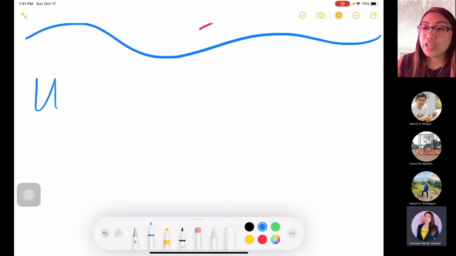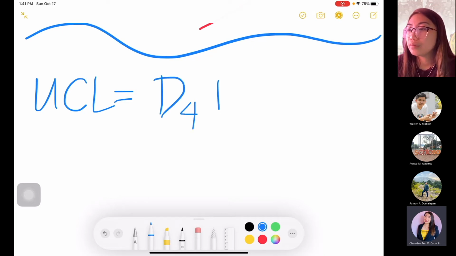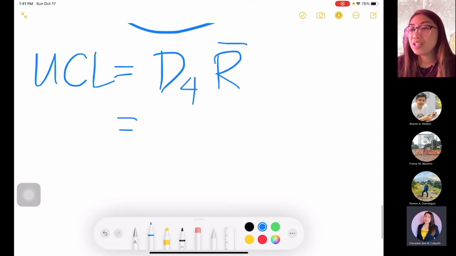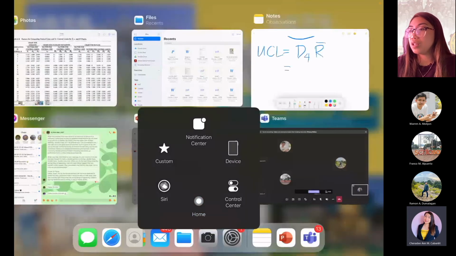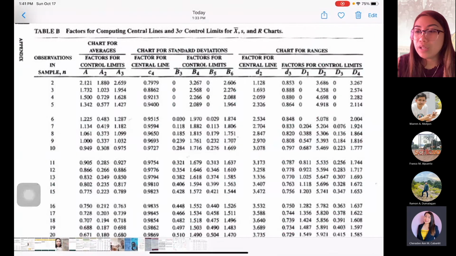For the R chart, UCL is equal to D4 bar R. Is it D4? From your notes. So therefore, we go back to the D4 at 4 observations.